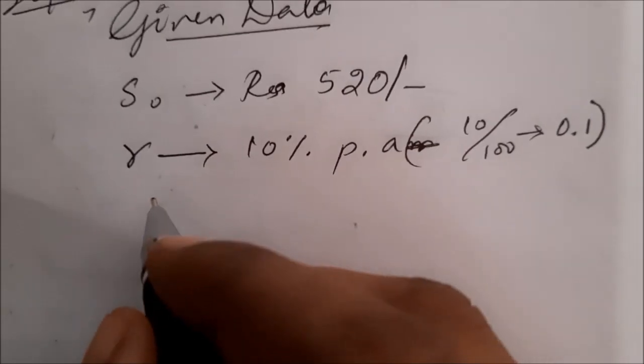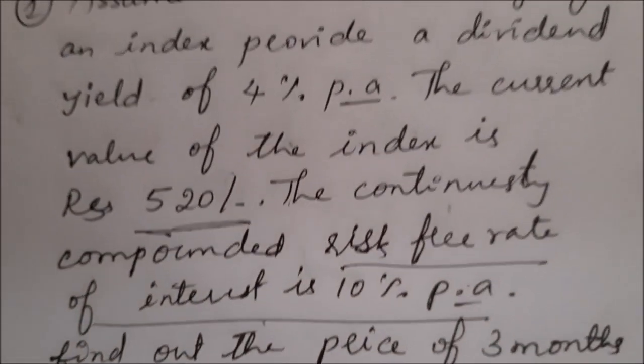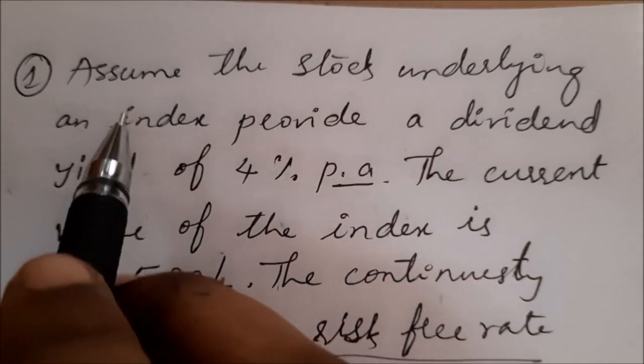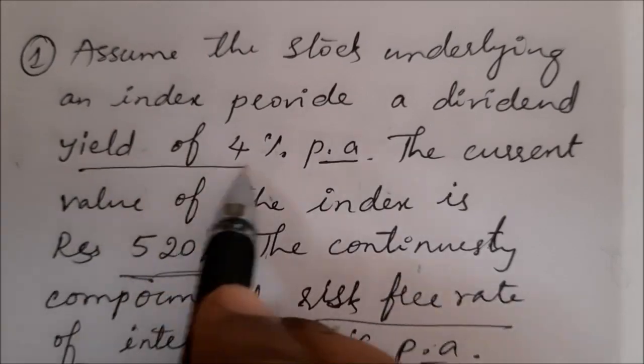Next, Y yield rate is given in the problem, that is the index provided a dividend yield of 4% per annum.